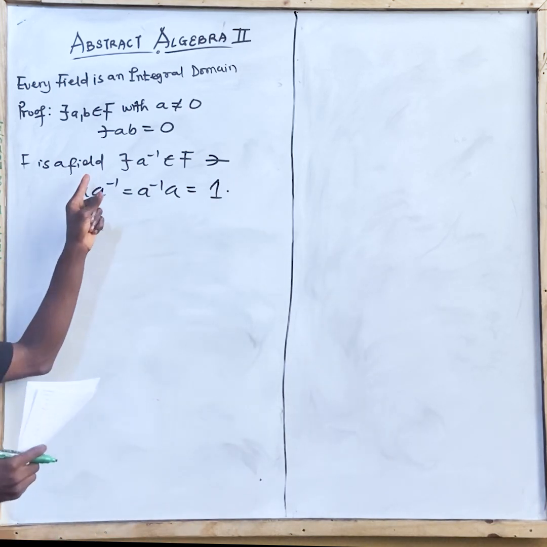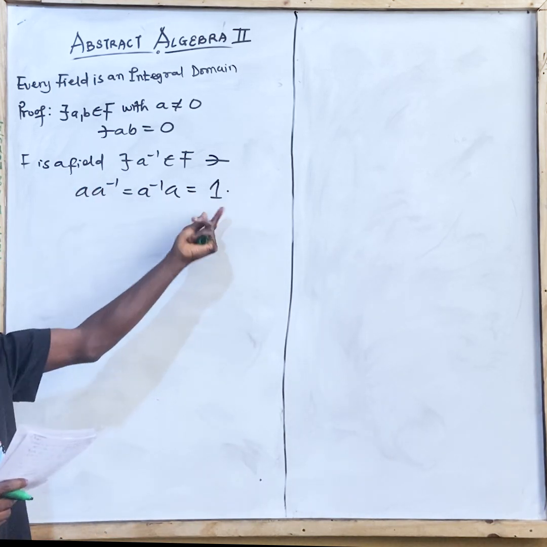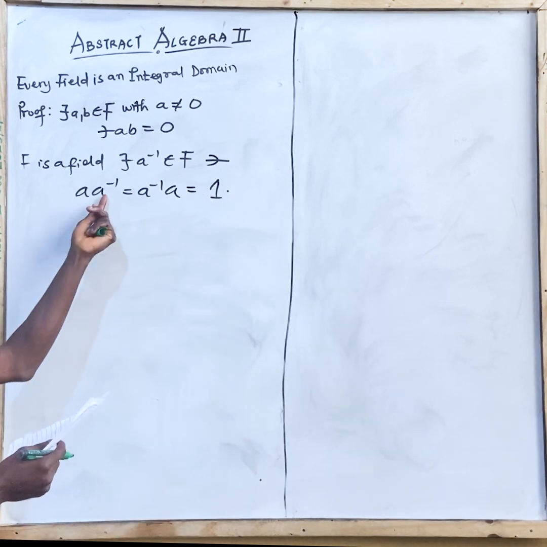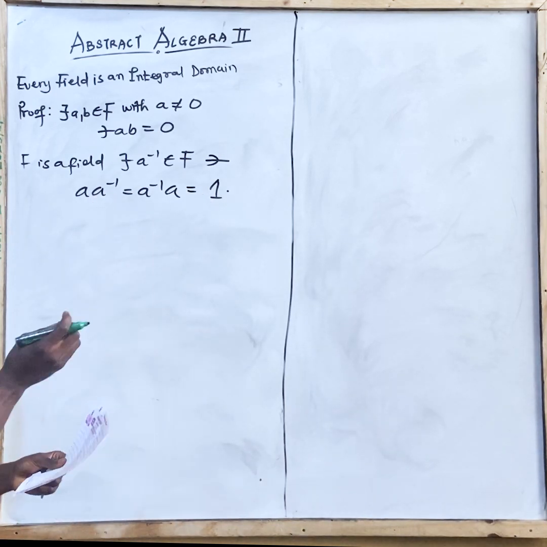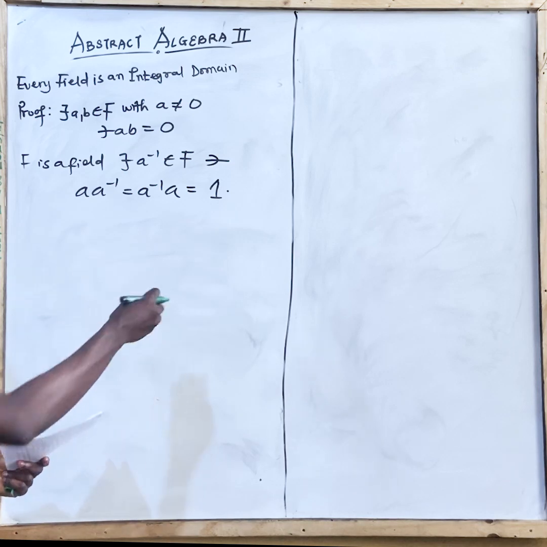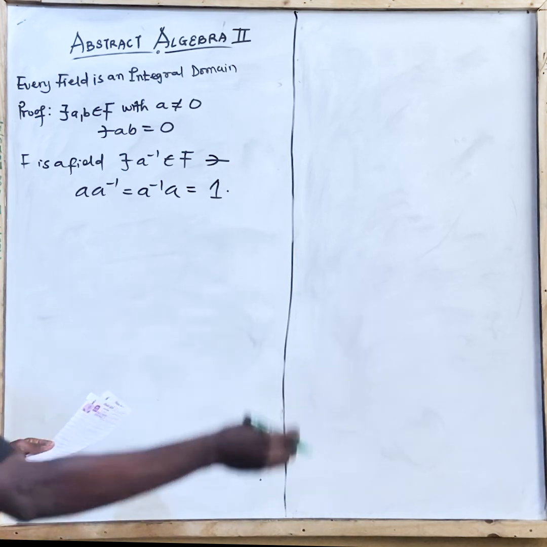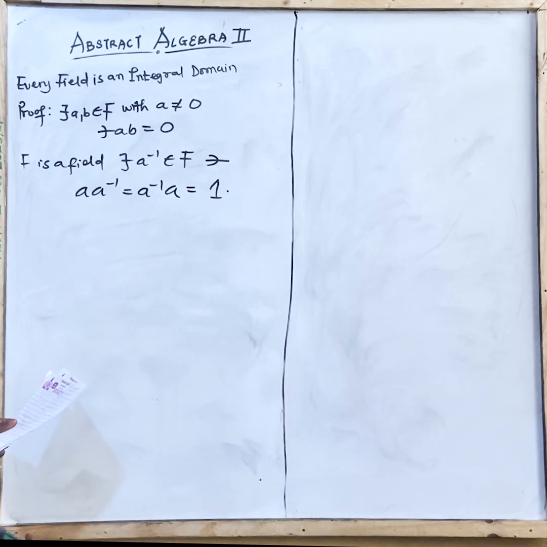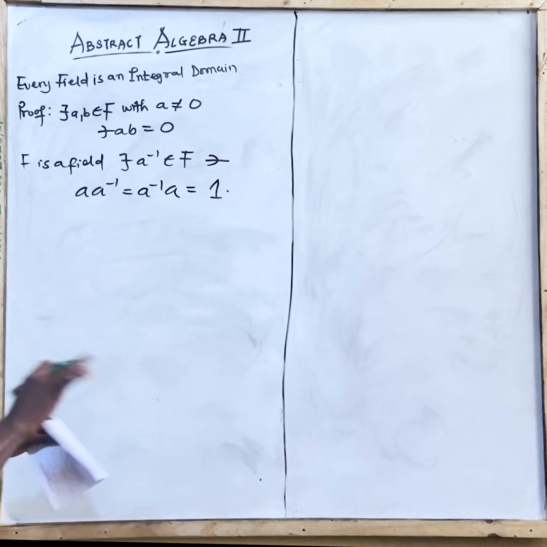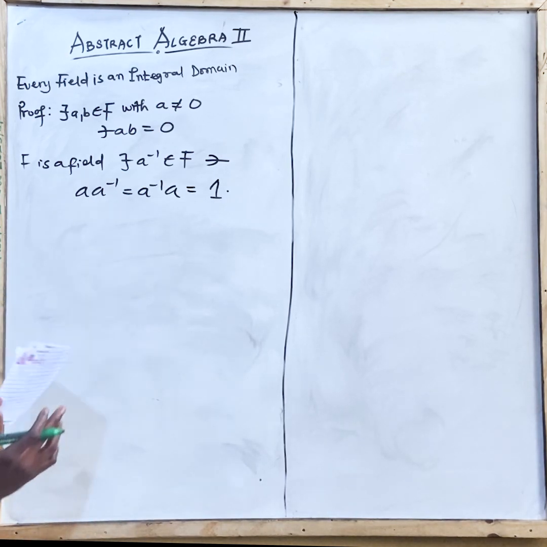This A inverse is coming from the fact that every non-zero element in a field has a multiplicative inverse. So I want to show that this is an integral domain. Basically what I want to show is that it has no zero divisor.